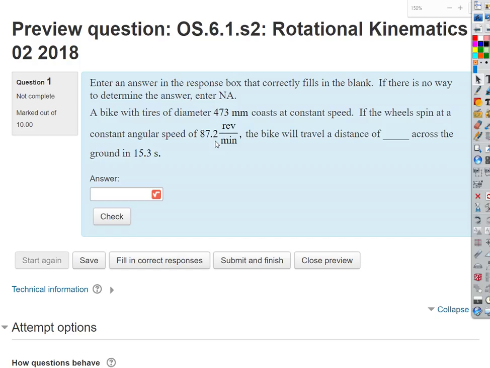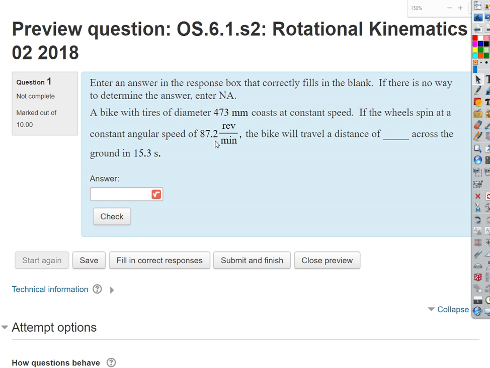Then if I know the radius, which I do, I could multiply the angular displacement by r to find the linear displacement. Either one will work, so I won't even go through it.